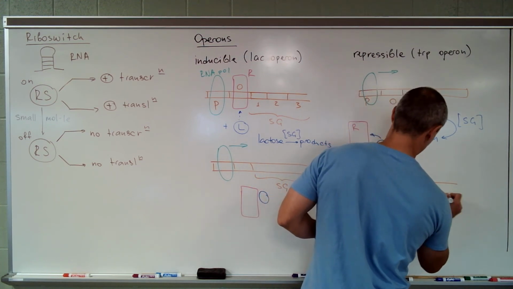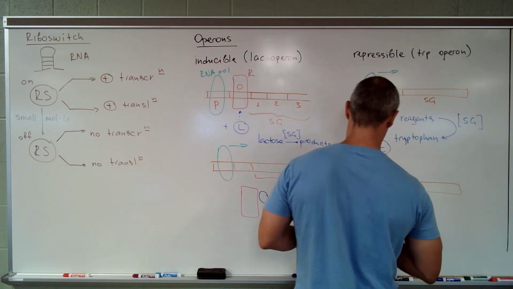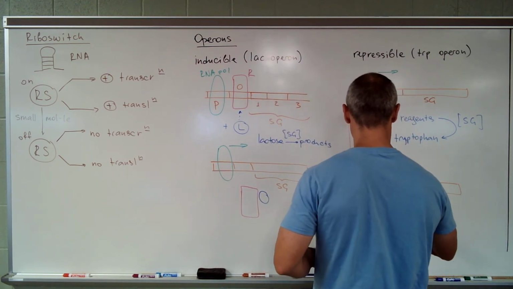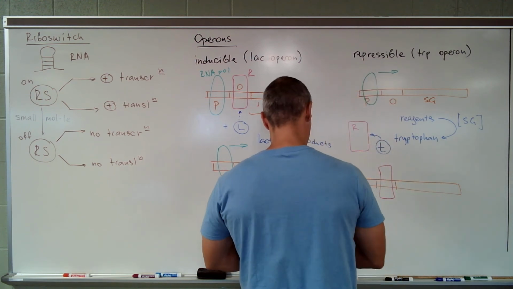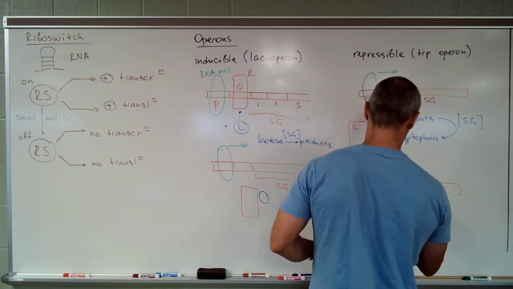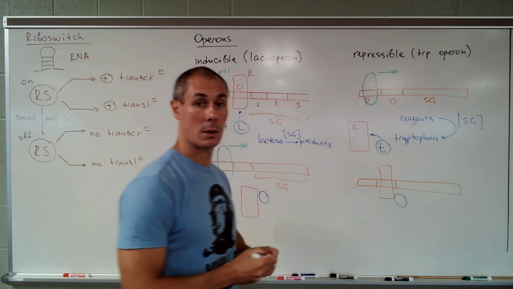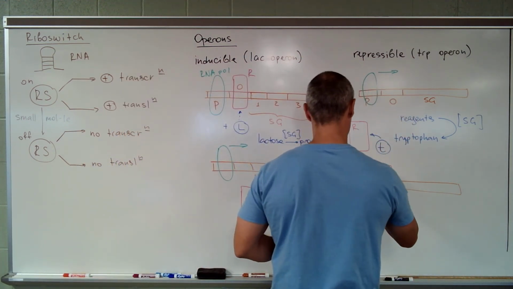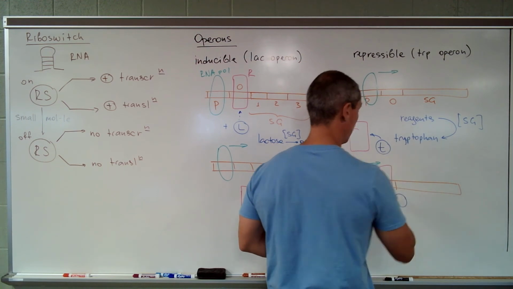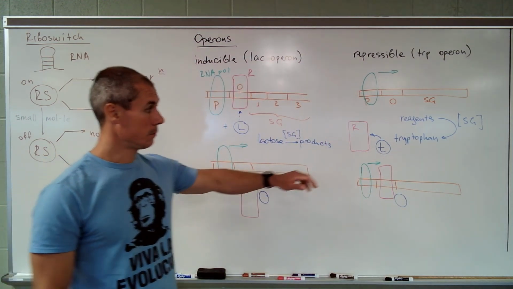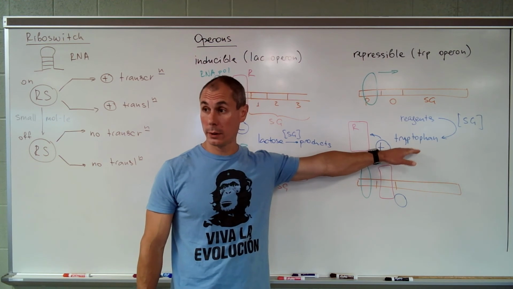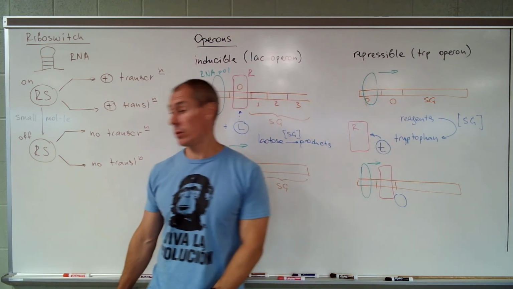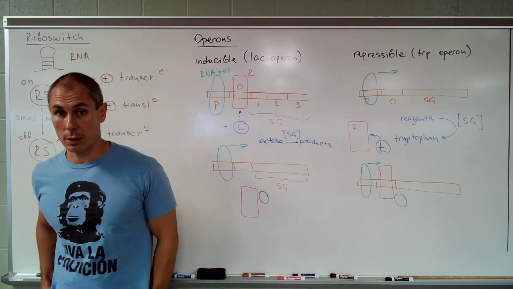Now you can see your operator sequence being occupied by the repressor because tryptophan is sitting on the side of it. So RNA polymerase can't move forward anymore. And the product, look, the product of the enzymatic reaction represses the expression of the relevant structural genes.